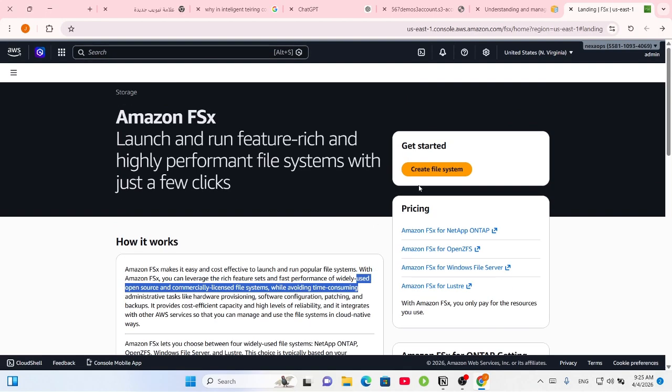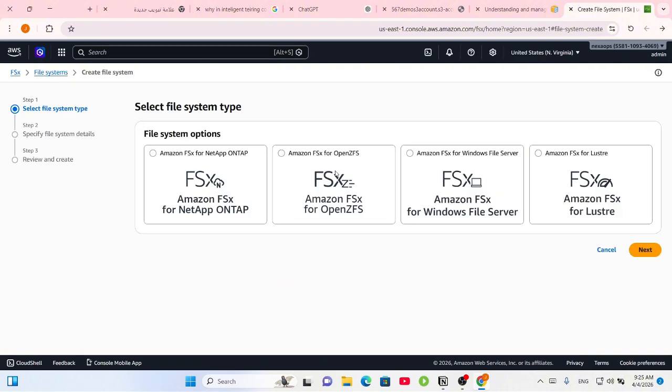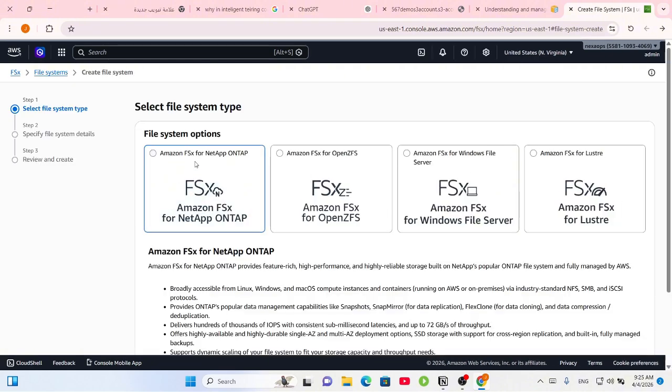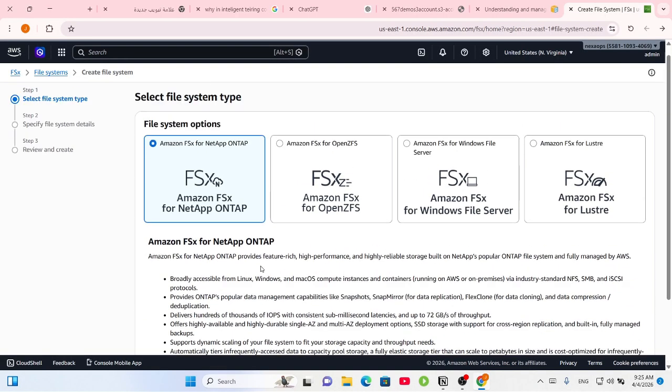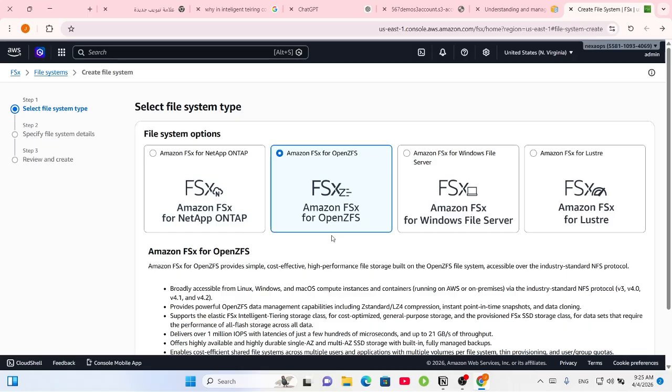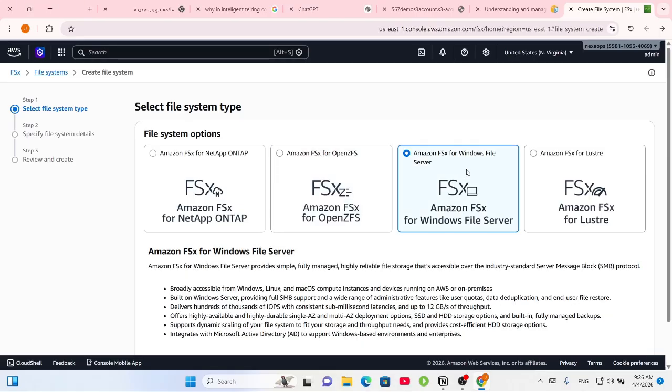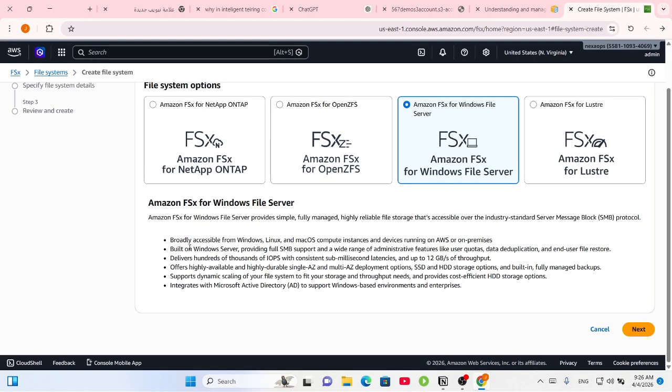Launch popular file systems. You can choose between these 4 options, right? We have NetApp ONTAP, which is used for enterprise shared storage, and we have OpenZFS. This is new, it's the ZFS standard. We have Windows File Server, this one, broadly accessible from Windows, Linux, whatever.